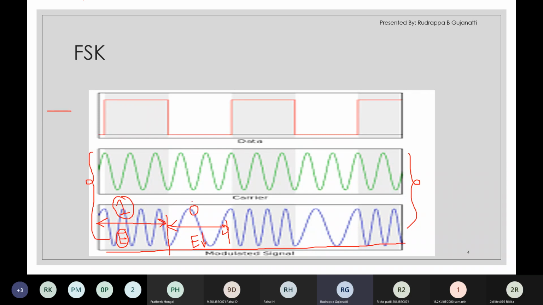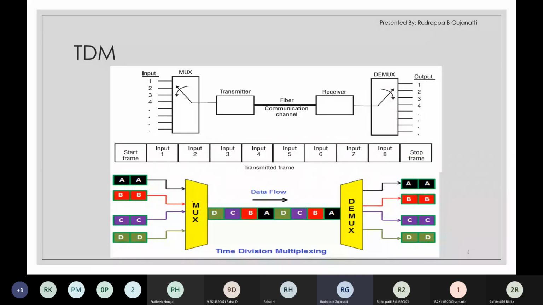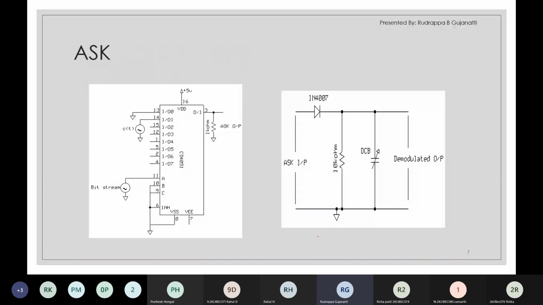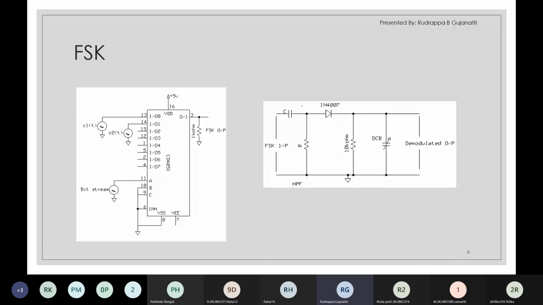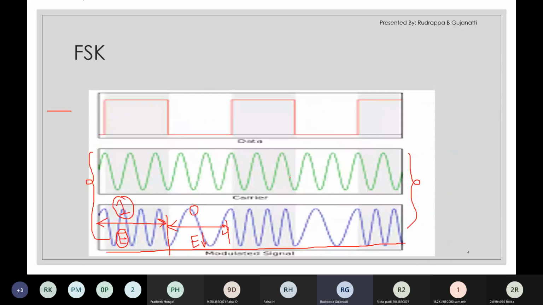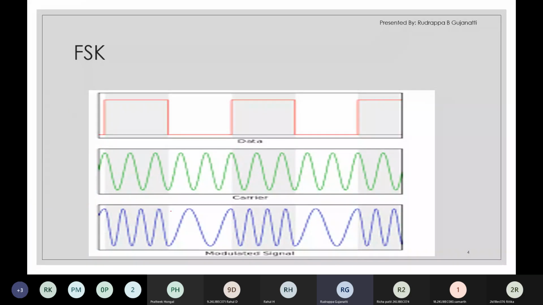Now in hardware implementation, this is the transmitted wave at the receiving end. We are assuming that coherent detection is being implemented. We suppress this low frequency content so that it becomes easy for us in the next stage to detect whether it's a logic 0 or logic 1.